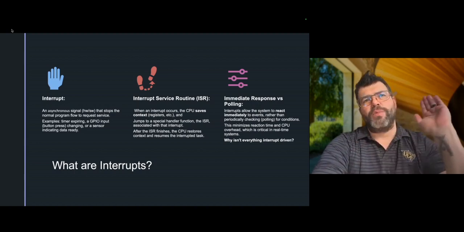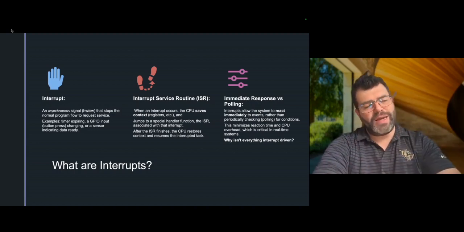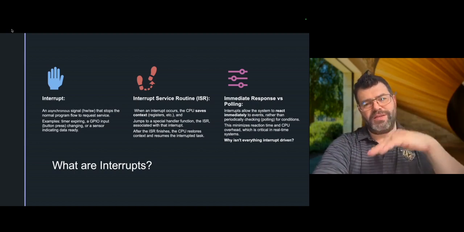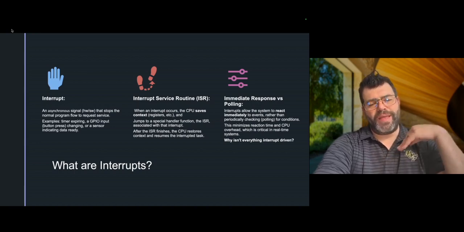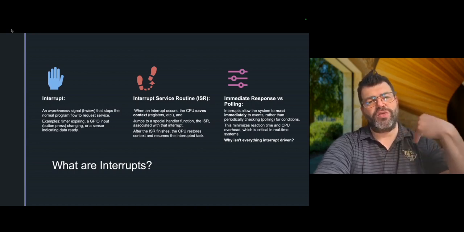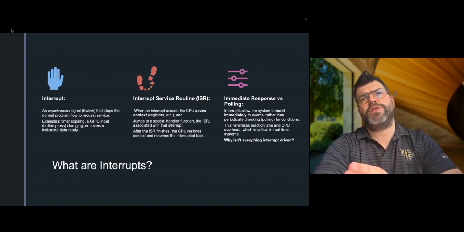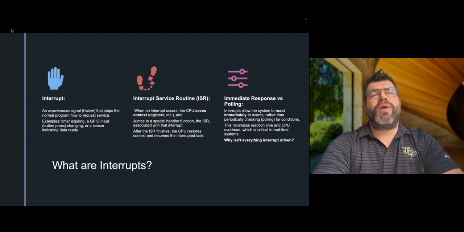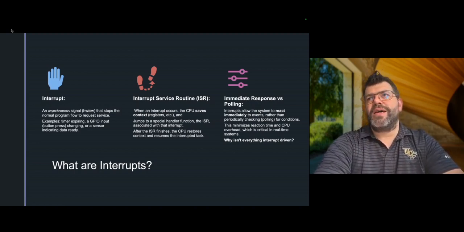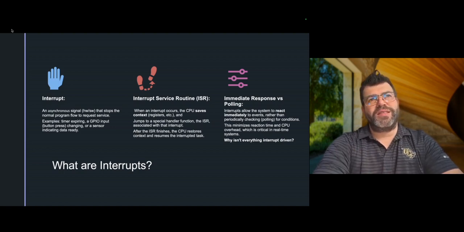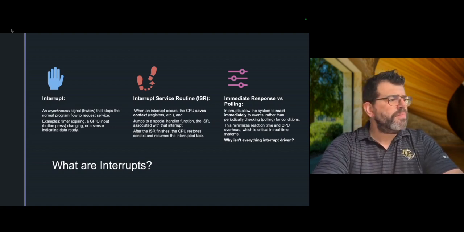So I press the emergency stop button, and I assume that if it's backed by an interrupt, that is going to be handled immediately as soon as the CPU is able to save its context and get to me. But that is going to be pretty quick. Rather than, let's say that I have a routine that checks every, let's exaggerate this, every second.